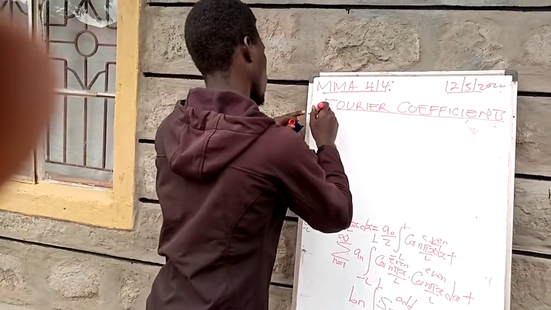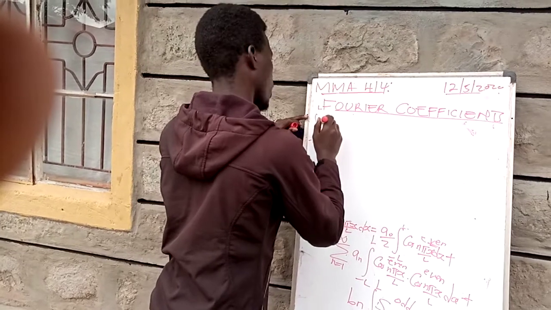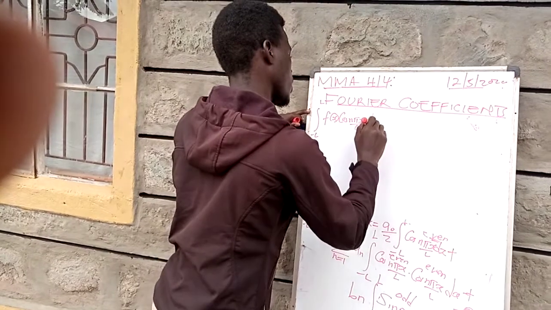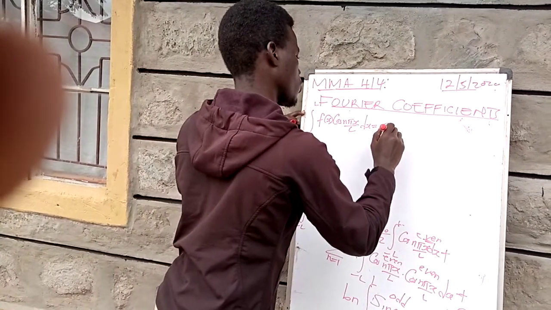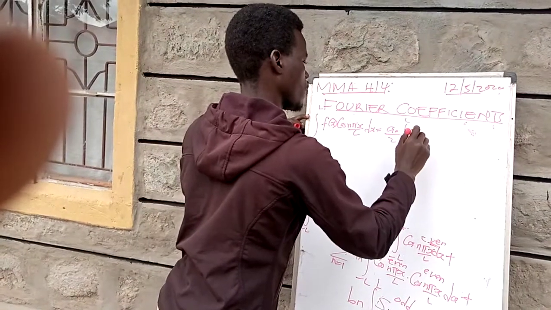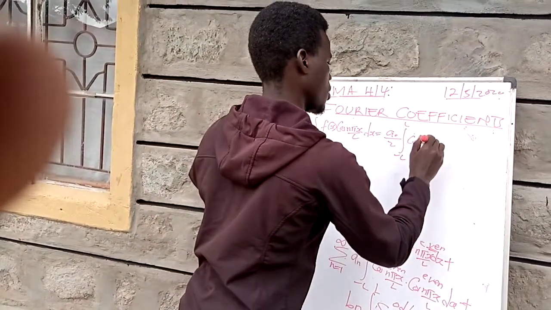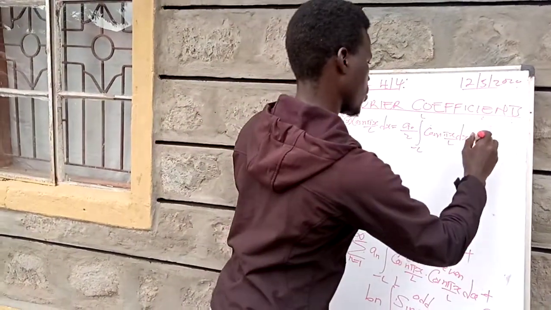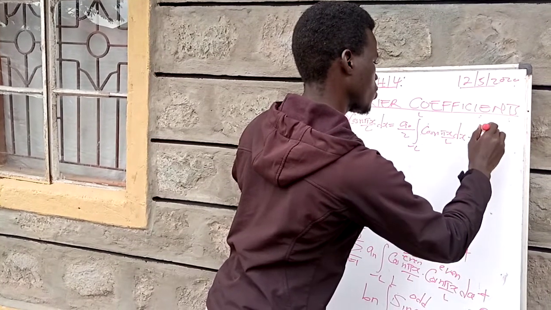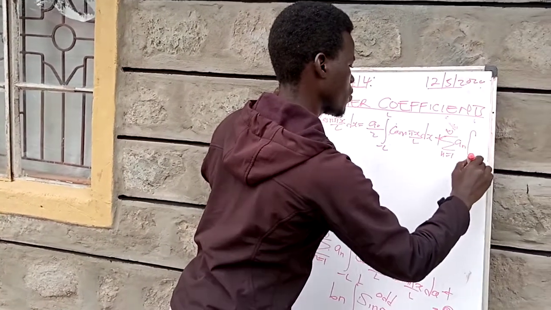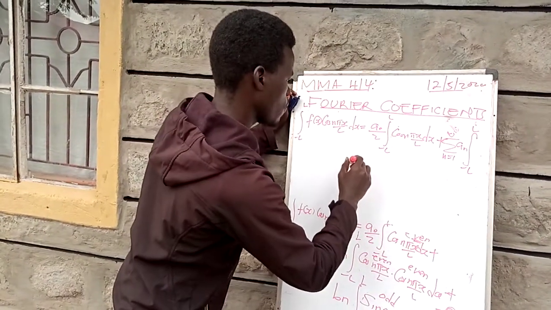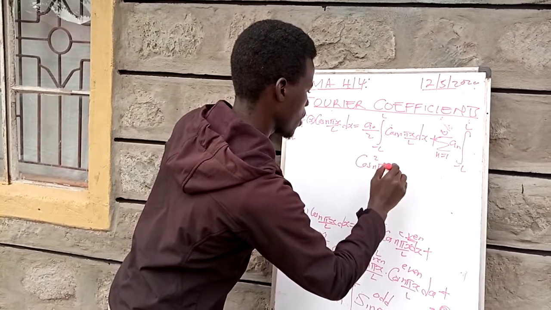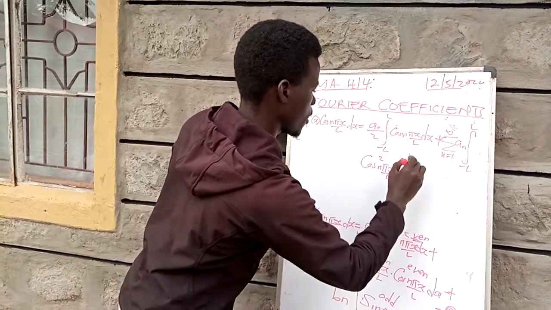We are going to remain with the integral from negative L to L of f of x cos n pi x over L dx equals a naught over 2 times the integral from negative L to L of cos n pi x over L dx, and then plus the summation as n runs from 1 to infinity of an times the integral from negative L to L of cos squared of n pi x over L dx.